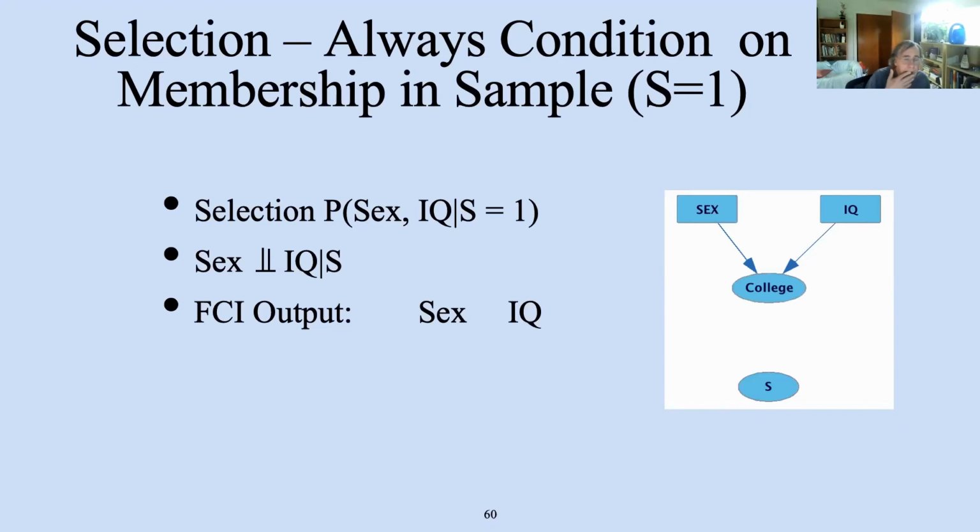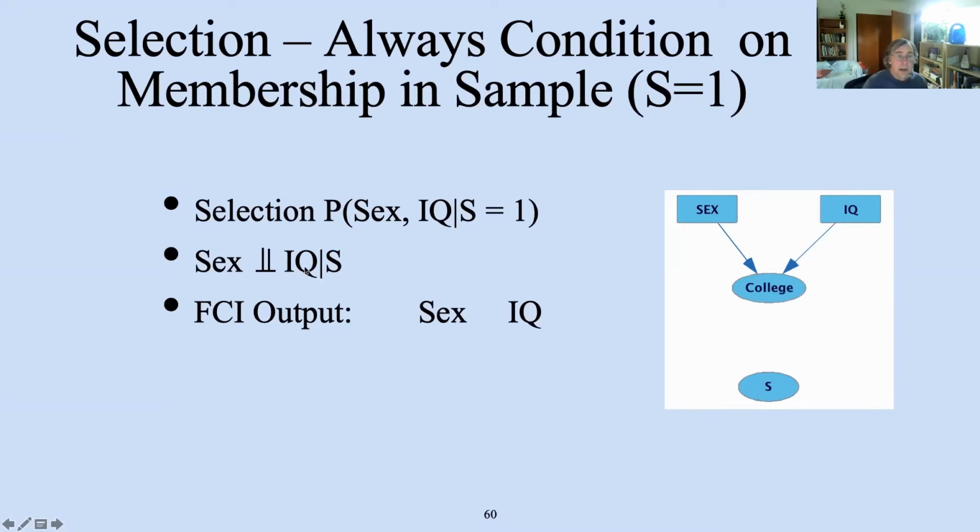Now, suppose, however, I just took my sample S completely randomly. So I took my sample on the college campus, but also off the college campus. In that case, it would be the case that sex and IQ were independent, conditional on whether or not I was in my sample. That's S equals 1.